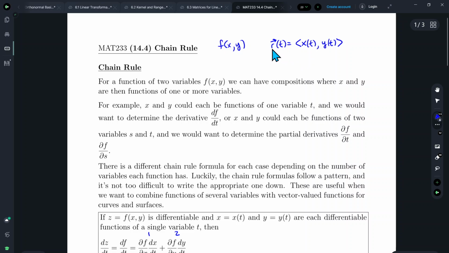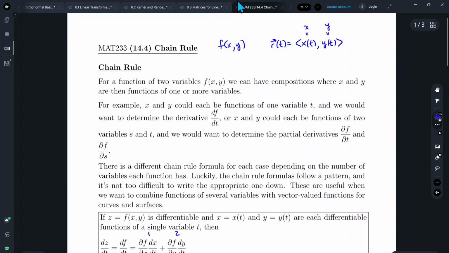Here the vector valued function takes the single variable t as the input, and it outputs the components x and y. So the output here is going to be my x, and the output here is going to be my y. And because it outputs the two variables x and y, I can plug it into my two variable function.